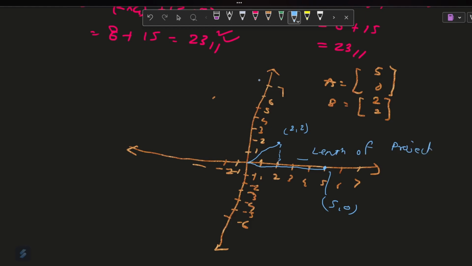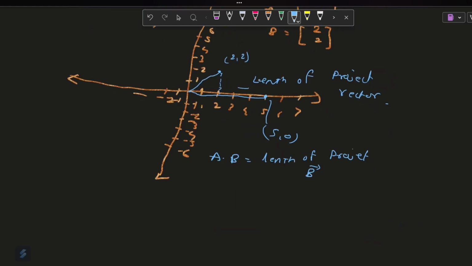When you calculate the dot product of both, A dot B is the length of projected B multiplied by the length of vector A.